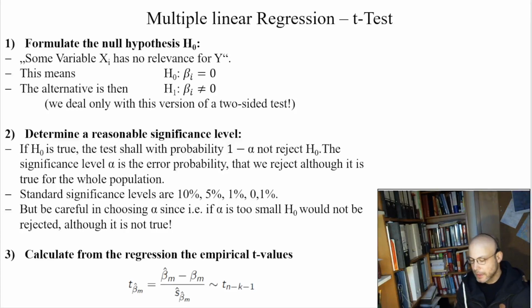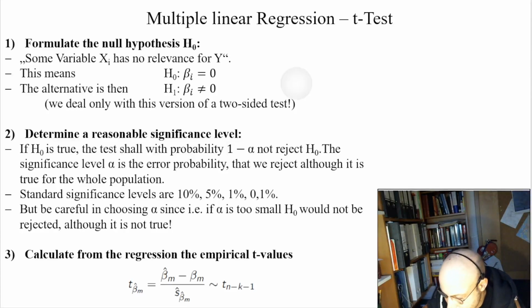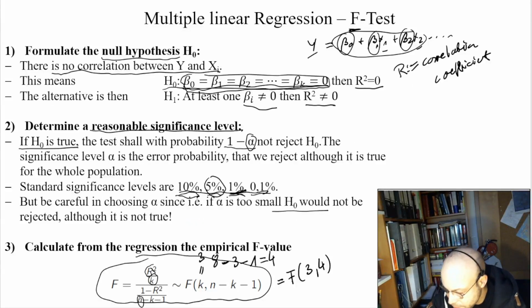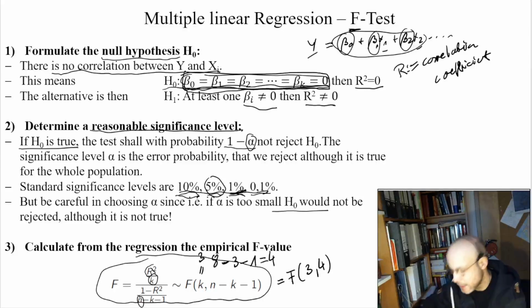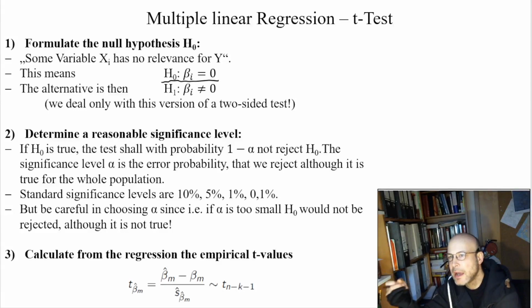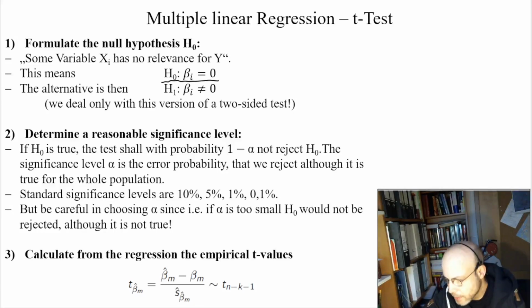But now our null hypothesis is not that every parameter is simultaneously zero, but we pose now the question, or the null hypothesis is now, that we assume that a specific variable has no impact on, in our example, our sales volume.